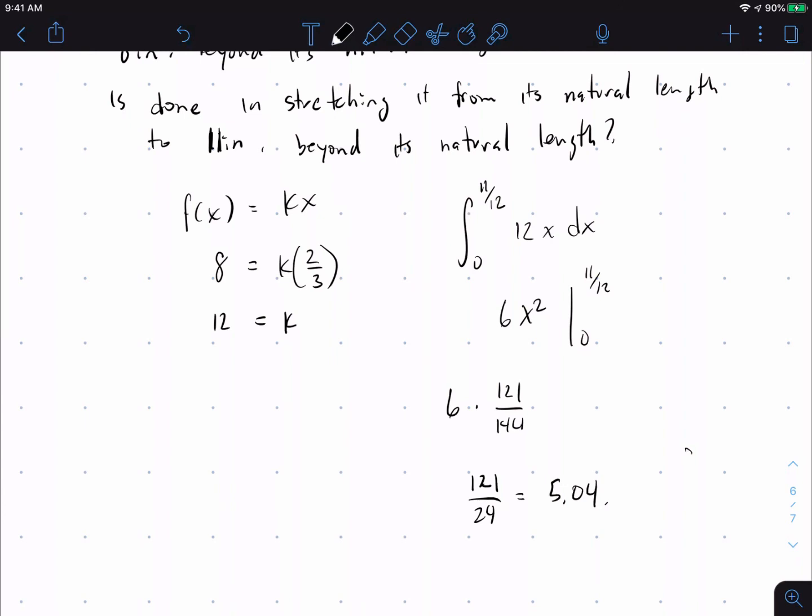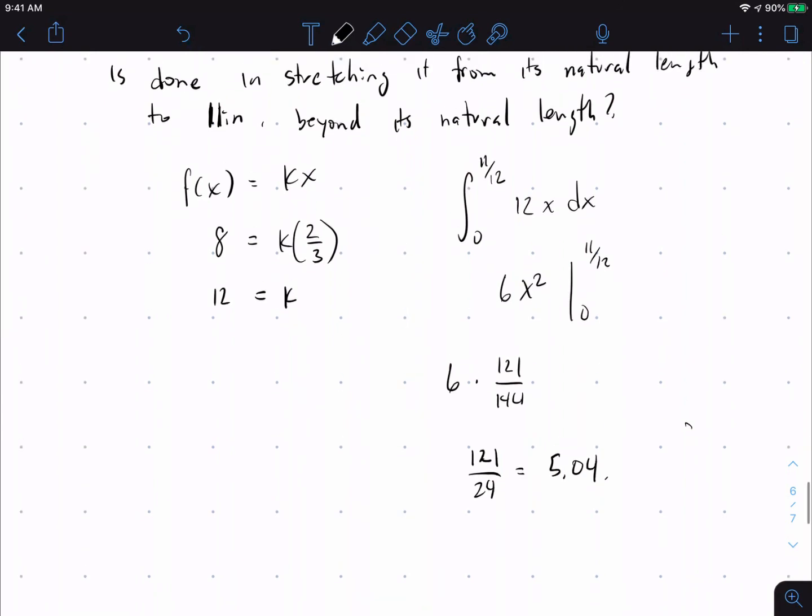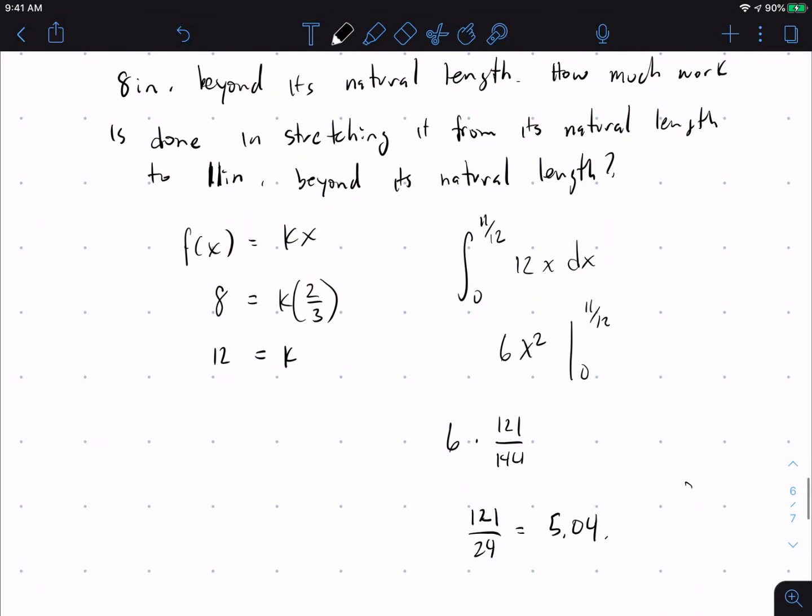Not too bad, right? Oh, what would be the units? Since it's a force, what's a force going to be? Or I'm sorry, work. What's work? Would it be foot pounds? That's right. In this case, it's foot pounds because we're talking about foot pounds.